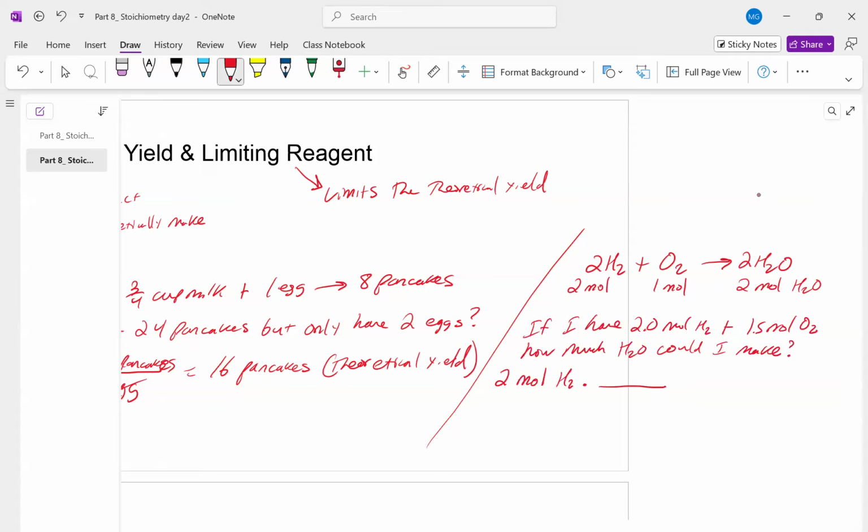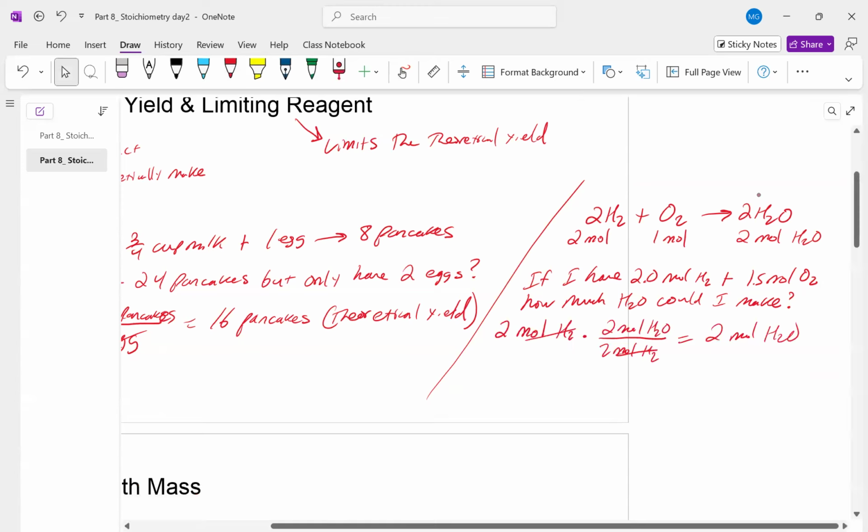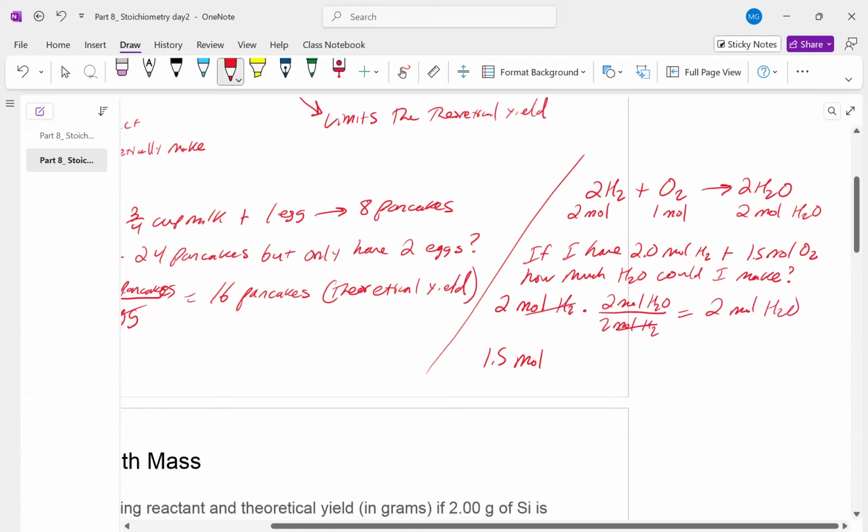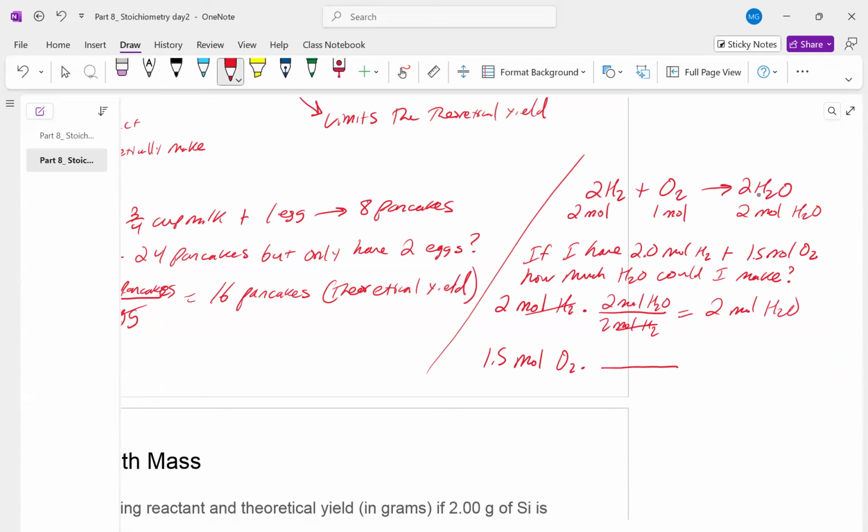So if I have 2 moles of hydrogen and the balanced equation says 2 moles of hydrogen makes 2 moles of water, that means theoretically I could make 2 moles of water. Now I'm going to do this with oxygen and compare the results. 1.5 moles of oxygen, how much water would that make?